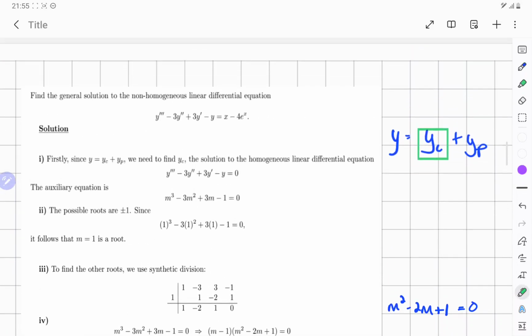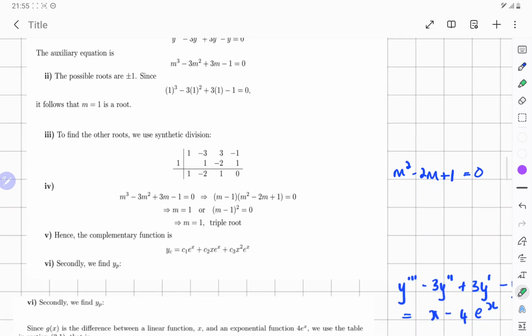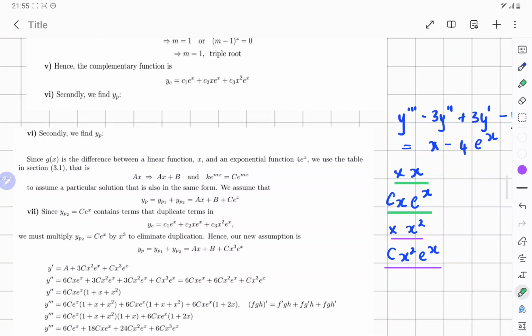Just recall what I've just said. You will look at the form of your g(x) to give you an indication what the form of your particular solution will be.